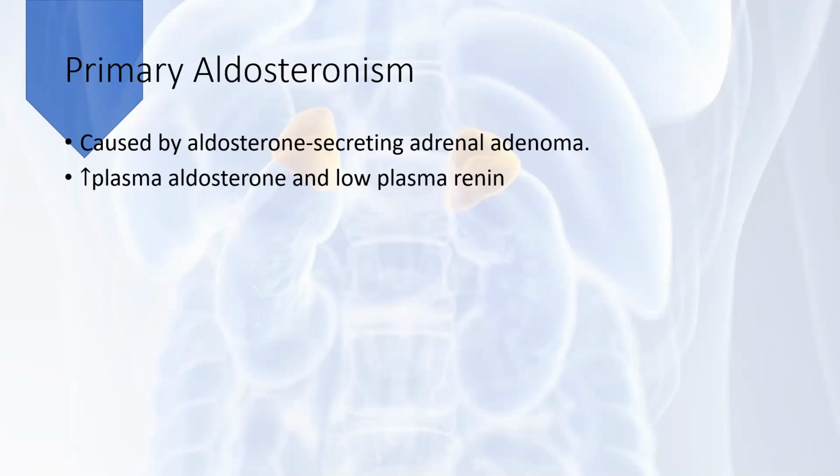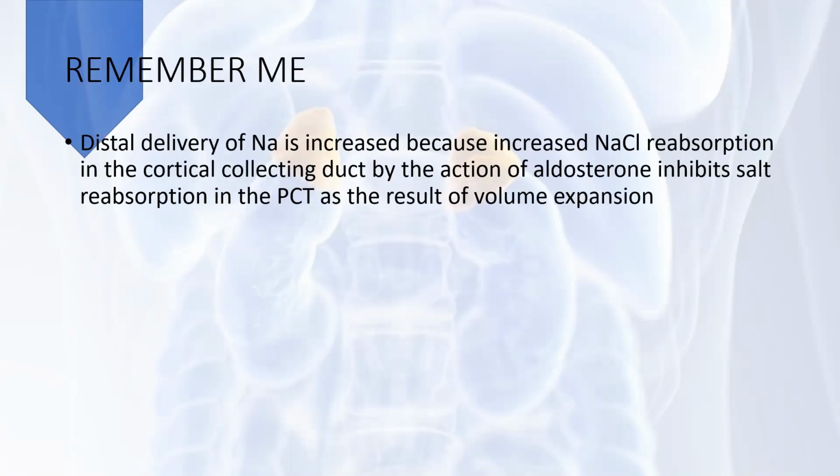No? Merong increase in our aldosterone and low plasma renin. Now, take note of this. Remember, the distal delivery of the sodium is increased because increased sodium chloride reabsorption in the cortical collecting duct by action of aldosterone inhibits salt reabsorption in the proximal convoluted tubule as a result of volume expansion.